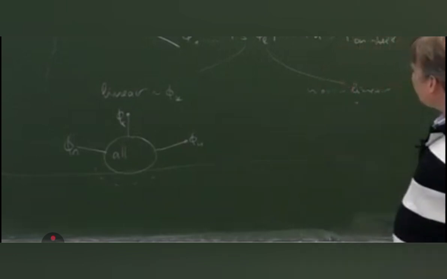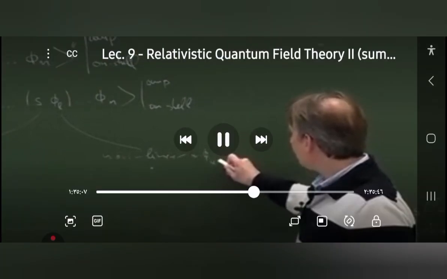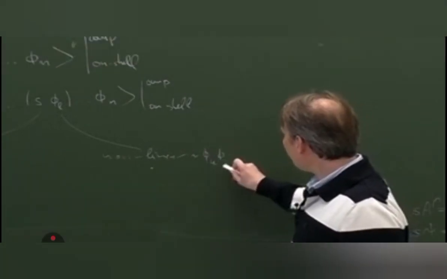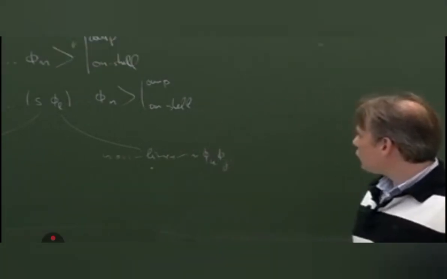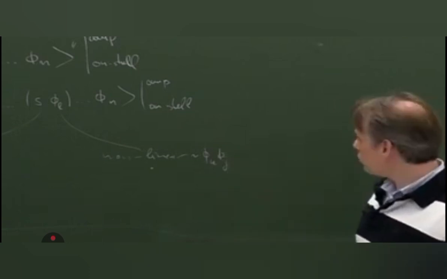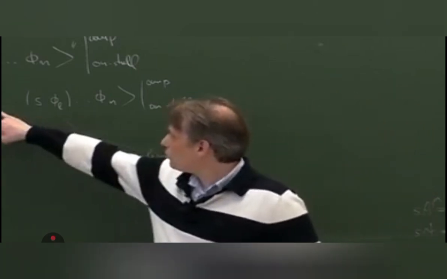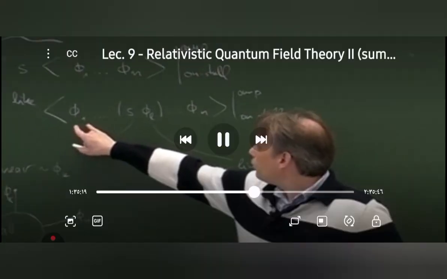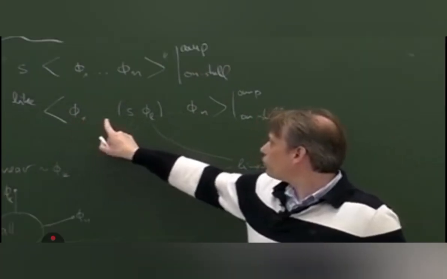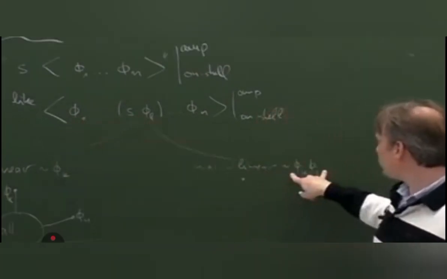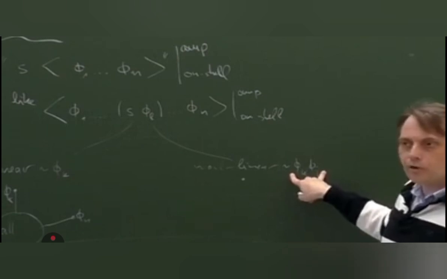What, however, happens in the nonlinear case, so for example here, let's say we have phi k times phi j as an example, product of two field operators, then we have here an expectation value of a product of elementary fields, and here we have a product of two fields at the same space-time point.